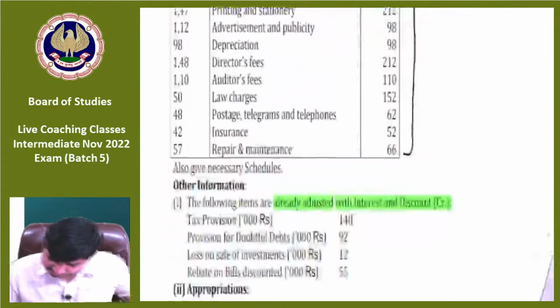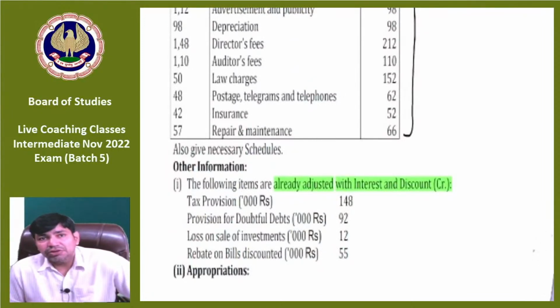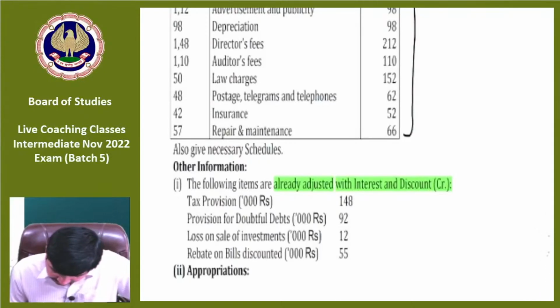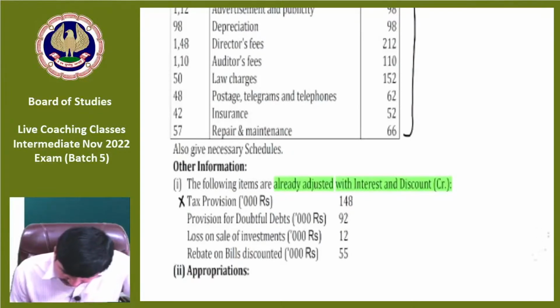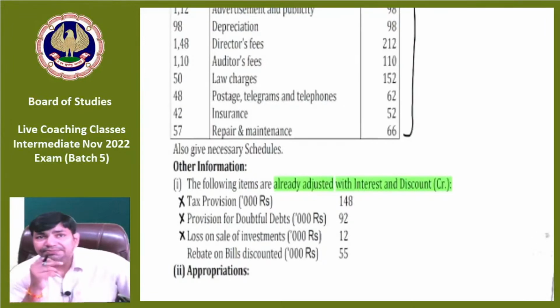Okay. Now see what the figure should be adjusted or what the figure should not be adjusted. First decide this. Tax provision should not be adjusted. Why have these been adjusted? Provision should not be adjusted because provisions are shown separately. Loss on investment should not be adjusted in this because this is a separate head item.